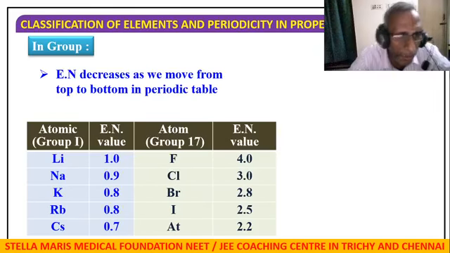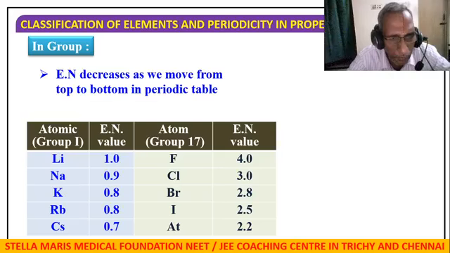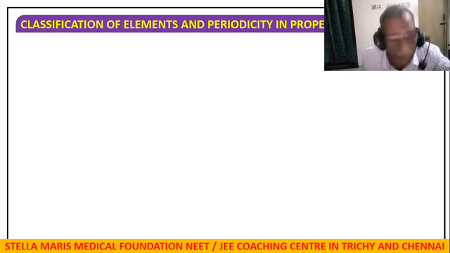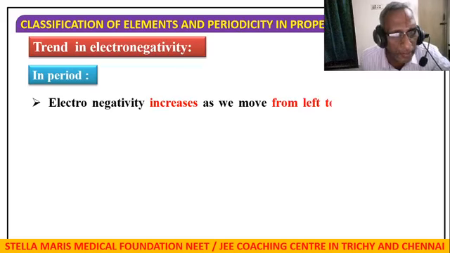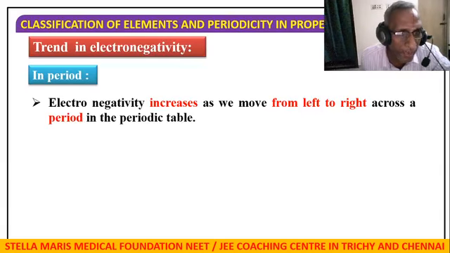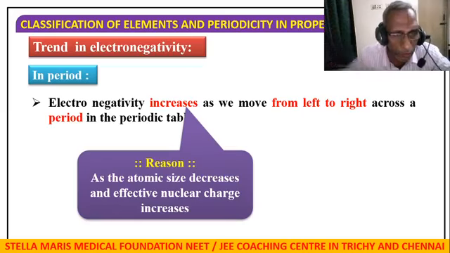They have given the values. Along the group it decreases from 1 to 0.7. For halogens it decreases from 4 to 2.2. Along the period it increases. Halogens have the maximum value, fluorine is the maximum value we have seen.